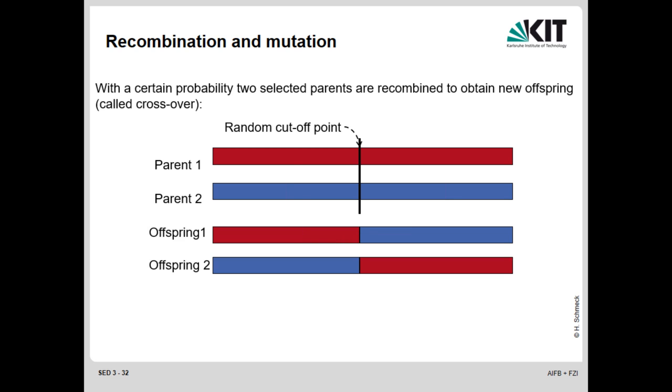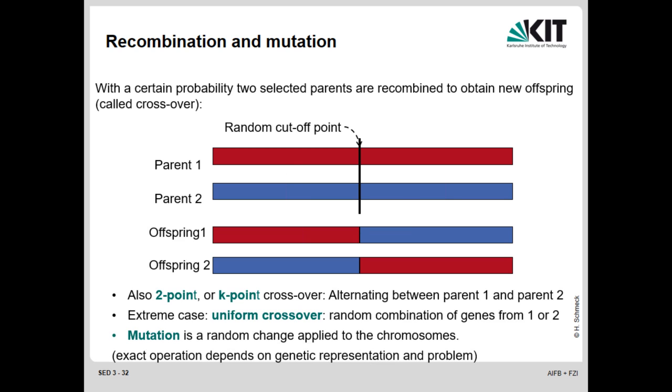Now the cutoff point is completely random, and you can have one cutoff point. You could also have two cutoff points and have alternating elements from the first and the second parent. And if you have a large K, you get close to uniform crossover, where you have a random combination of genetic material from parent 1 and 2. So for every position, you would randomly decide whether you take information from parent 1 or parent 2.